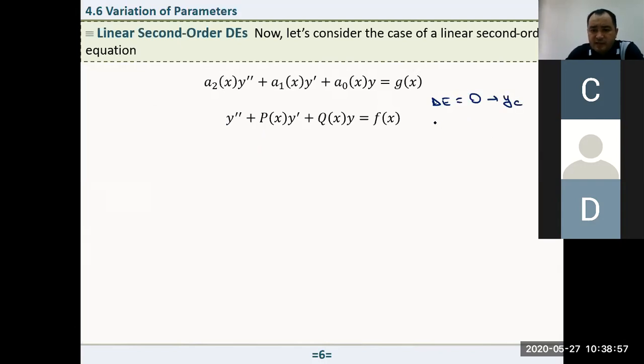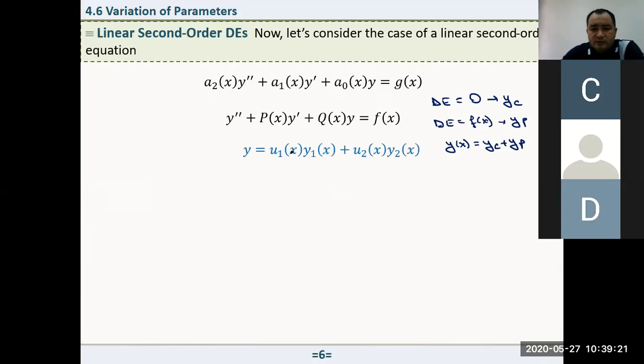In the second step, the differential equation is equal to f of x. If we solve this, it gives us the particular solution. Then we can get the general solution of this equation, that is the complementary solution plus the particular solution. This is how we solve differential equations, and so far we have been learning this method.